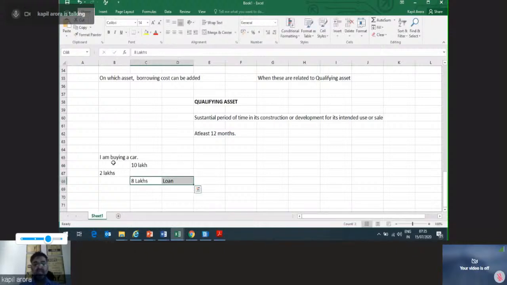Now, can it be a directly attributable expense? The answer is yes, because I cannot afford the car if I don't take the loan. So 8 lakh is the loan which is directly related to my asset. But is this car a qualifying asset?